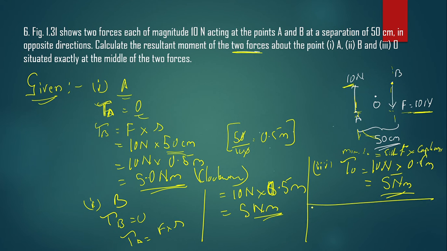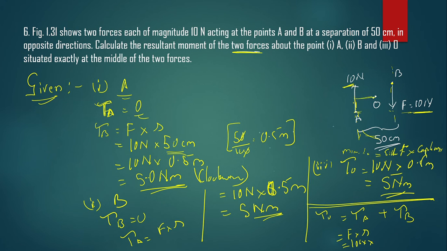Second method would be to find torque at O. We have to first find torque generated by A, that is torque at A plus torque at B. So torque at A would be how much? You know what the formula is? Force into distance. Force is 10 Newton into distance.